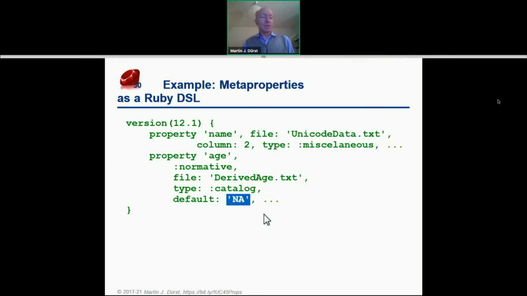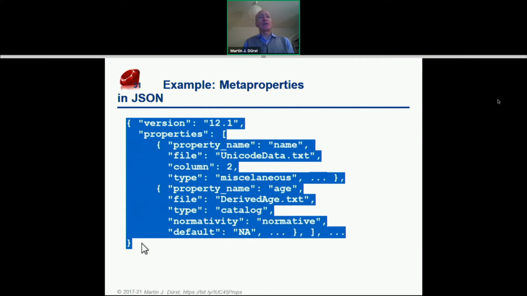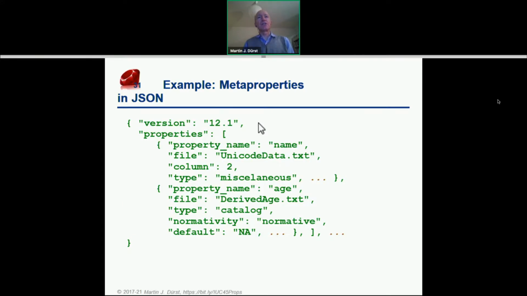We don't know what version they will be allocated, and so on. The same information expressed in JSON, there are different ways of doing this, but this is just one example. We would have here an object in JSON, or a dictionary in some other languages, that would say, okay, this is version 12.1, and these are the properties here.